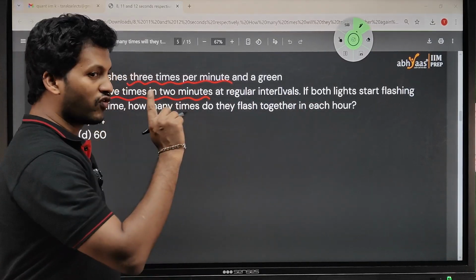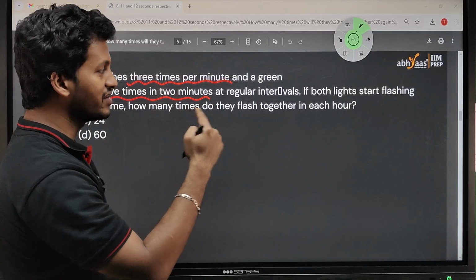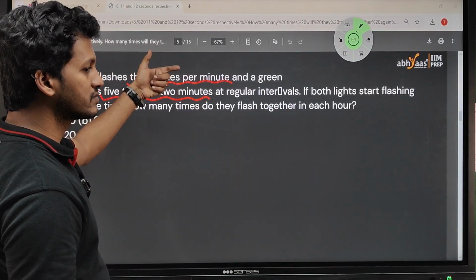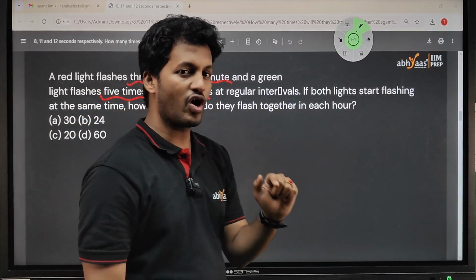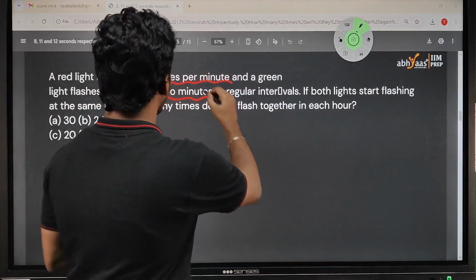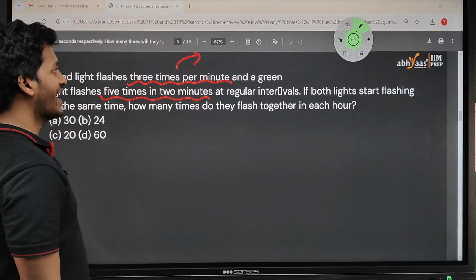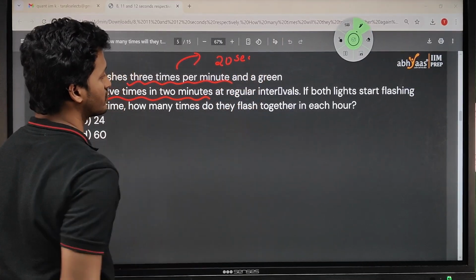That means for one tolling, we were given the time. Now here the red light flashes 3 times per minute. That means for one flash, what time will it take? In a minute it will flash 3 times, so every 20 seconds it will flash 1 time.